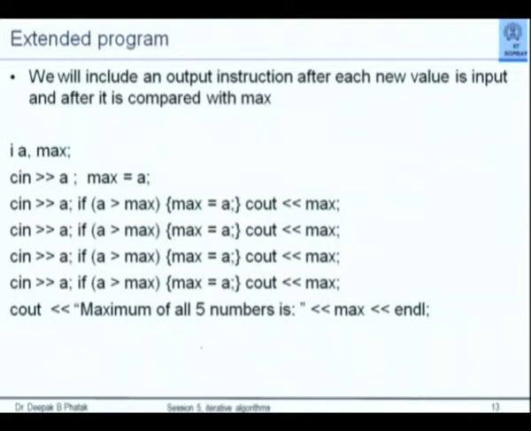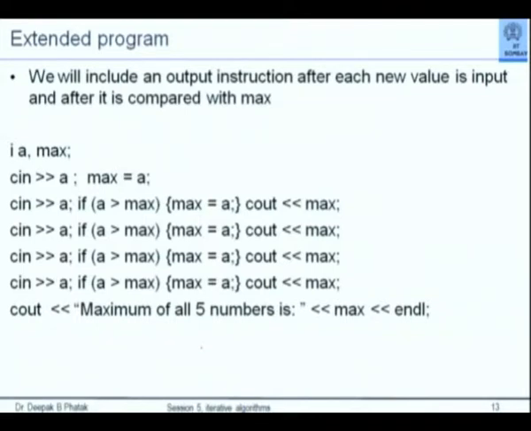So observe how the statements are written. cin >> A. If A greater than max, max is equal to A. cout << max. What will this program do now? It will do the same thing. Find out the maximum of 5 numbers, but every time it executes a comparison, it will give you what is the current maximum value. That's what it will do.